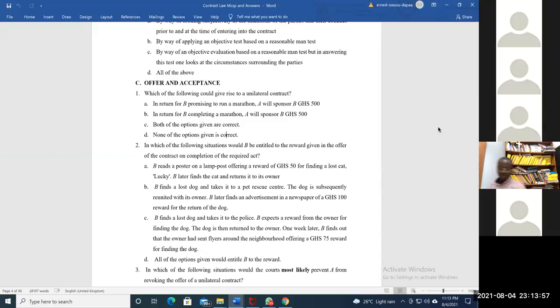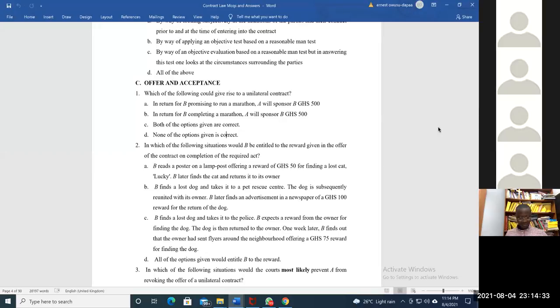Okay, thank you, Doc. Let's consider A, for instance. Assuming that B starts the marathon but is unable to complete it, does B qualify for the sponsorship of 500 cedis? If you take B, it's only upon the condition that B completes the marathon that he qualifies for the sponsorship.